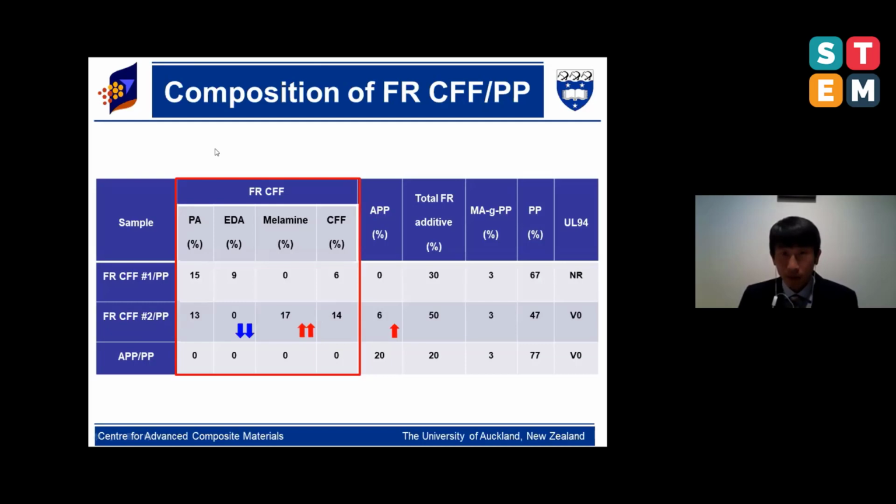However, the flame retardancy of the melamine phosphate is a little bit lower than the ethylene diamine phosphate. We add some amount of APP. This is the commercialized material.